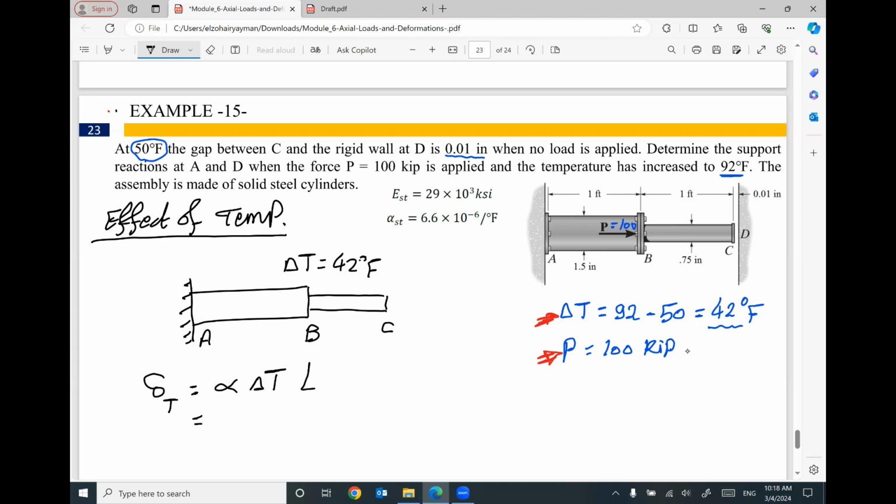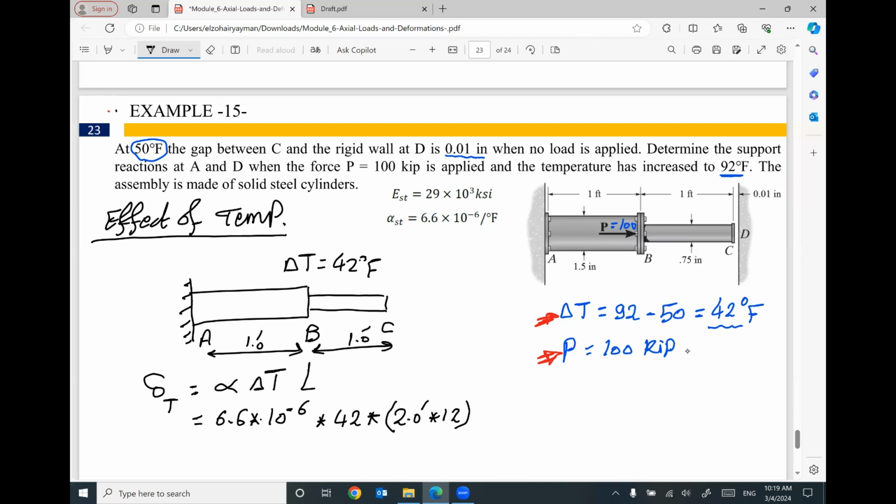The value of alpha for this material is 6.6 times 10 to the power negative 6. Change of temperature equal 42. The total length of this member: this one is 1 foot and this one is 1 foot, so the total will be 2 feet.